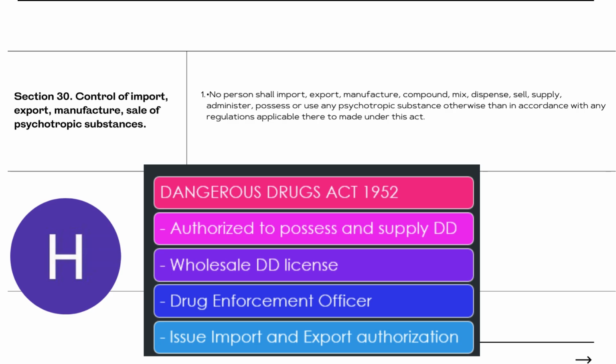Under this section, it states no person shall import, export, manufacture, compound, mix, dispense, sell, supply, administer, possess, or use any psychotropic otherwise than in accordance with the regulations. So students, don't forget to take a look at the example of the Third Schedule of psychotropic substances under section 30 in the slides material.